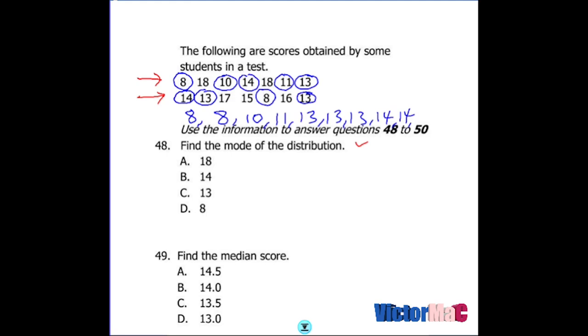Then we have 15, 16, 17, and then 18 twice. So we have exhausted all of these. Now, to be sure that we have 14 numbers, let's take a count. 1, 2, 3, 4, 5, 6, 7, 8, 9, 10, 11, 12, 13, 14.